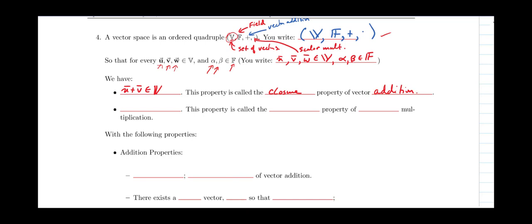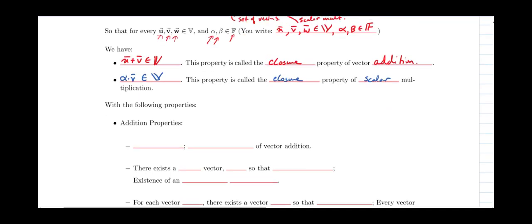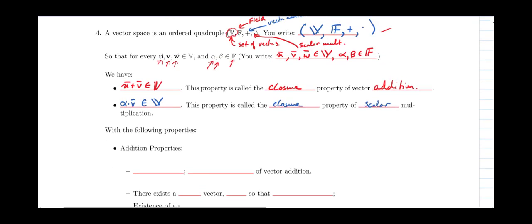The next closure property is that when we take a scalar and multiply it to a vector v, that also belongs to our vector space. So this property is called the closure property of scalar multiplication. You'll learn more about that as we go along, but I'm just mentioning that when we define our addition and our multiplication, they need to be closed.